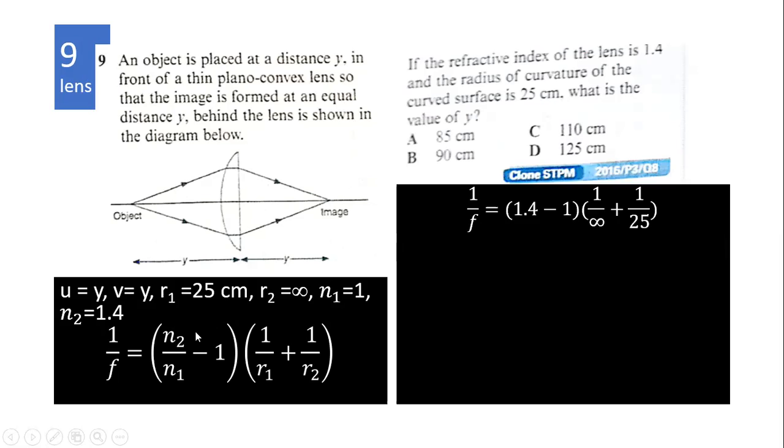1/f equals 1.4 divided by 1, minus 1, times 1/infinity minus 1/25. So you get 62.5. Yeah, use the lens formula now.